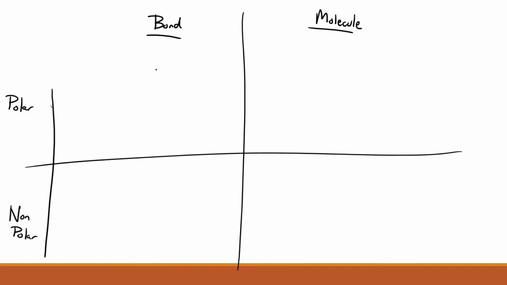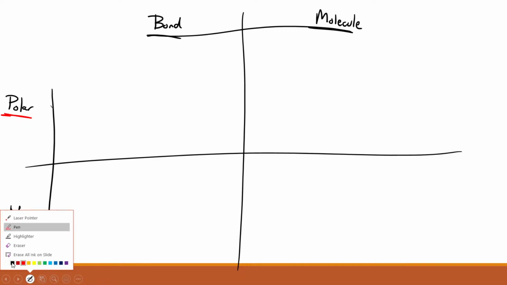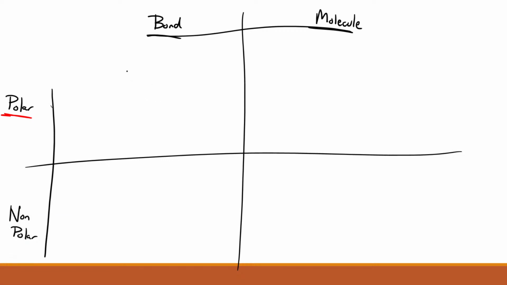So let's take a look. What makes a bond polar? A bond is polar when there are two different things connecting it. X connected to Y. Any two different elements connected together makes a polar bond.